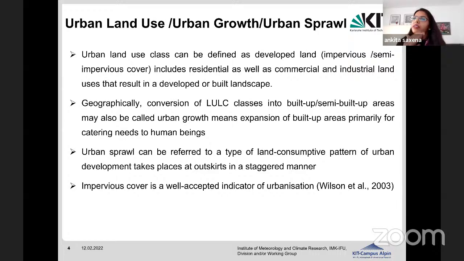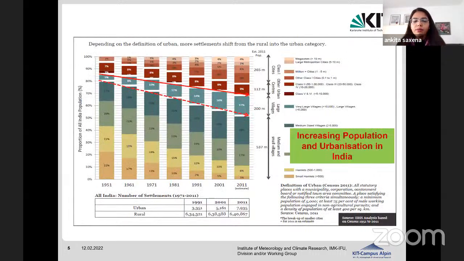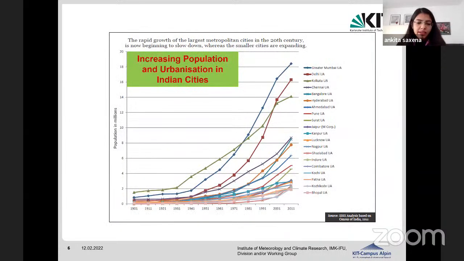This graph shows how in the recent past, with the increase of population, urban growth has increased. Especially in metropolitan cities, population has increased for the sake of employment, or people are moving from rural to urban areas, and that is why their needs are increasing. So they seek more construction in terms of infrastructure or houses.